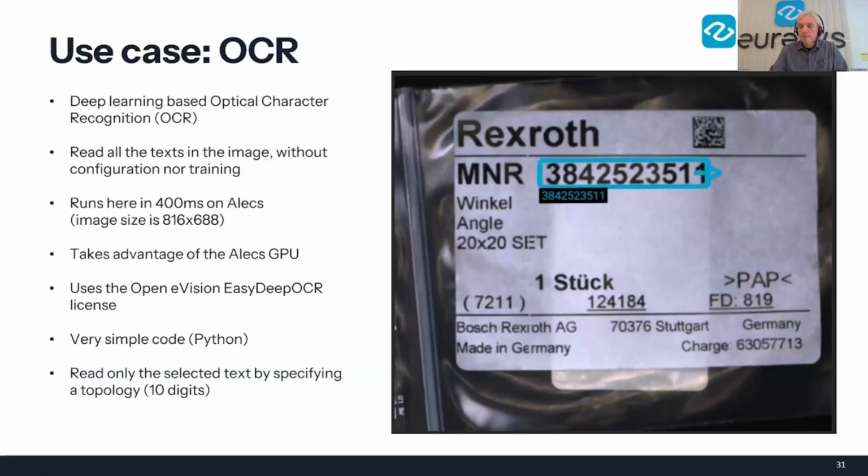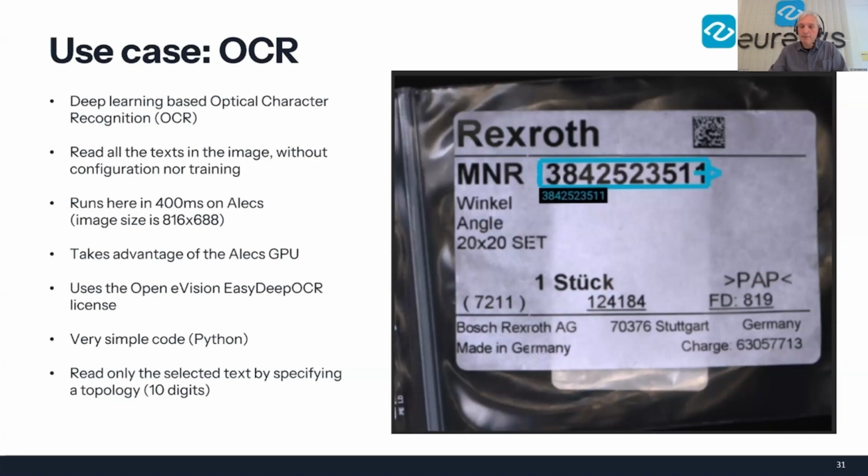But most of the time, you don't need to read all the text on a sticker like that. Maybe you only want to focus on the part number, and there are different ways to focus on that. You can define a region of interest and just read the text in that area, which will be a lot faster. Or you can use a very interesting function of Deep OCR: specifying a topology.